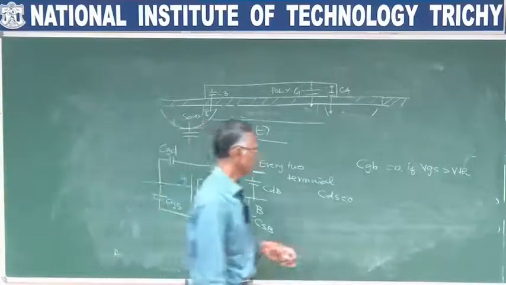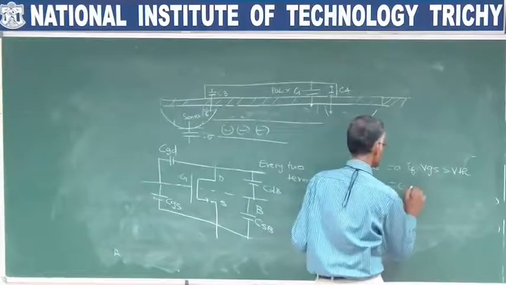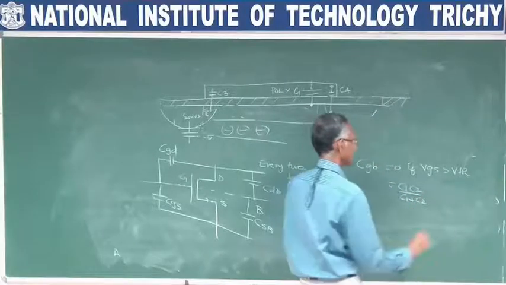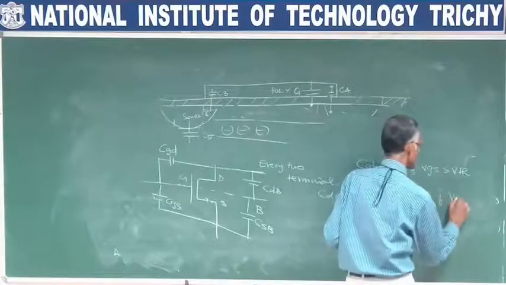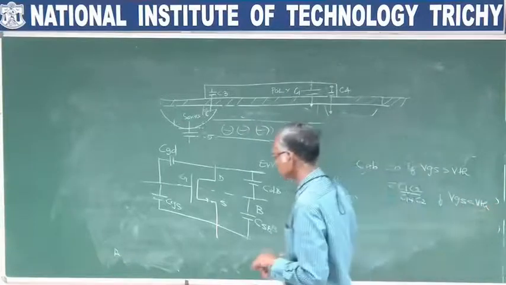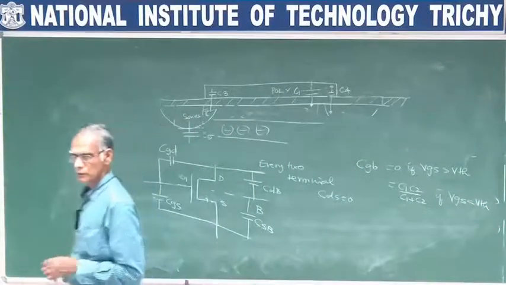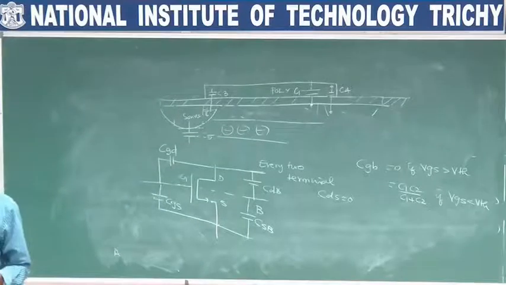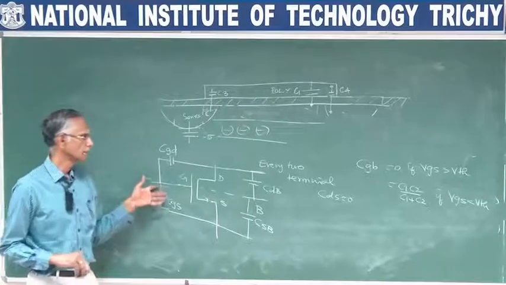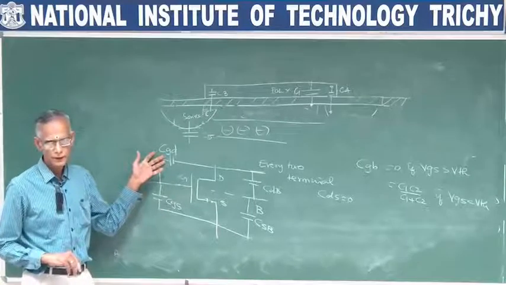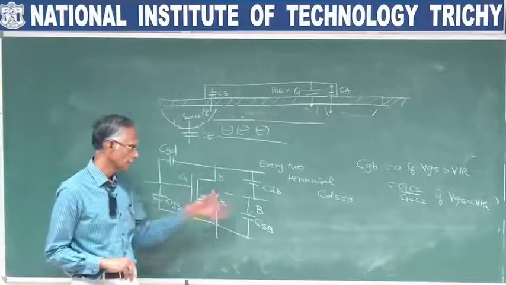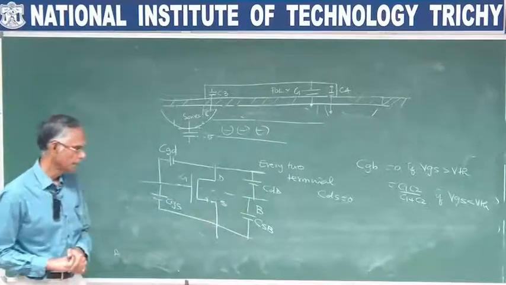And this is equal to C1 into C2 by C1 plus C2 when VGS is less than VTH. The capacitors are CGS, CGD, we have CDB and CSB.